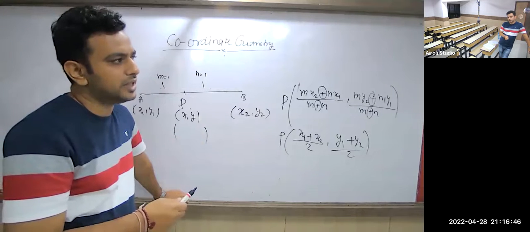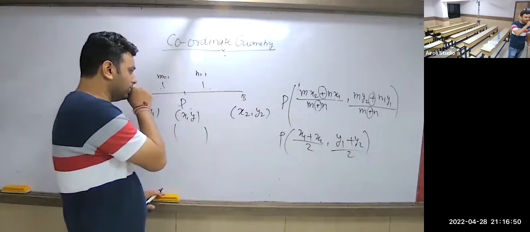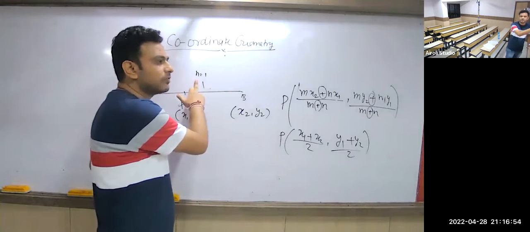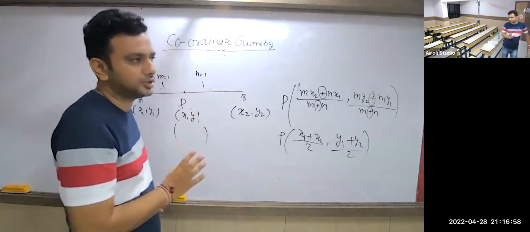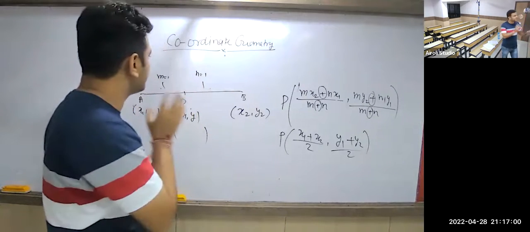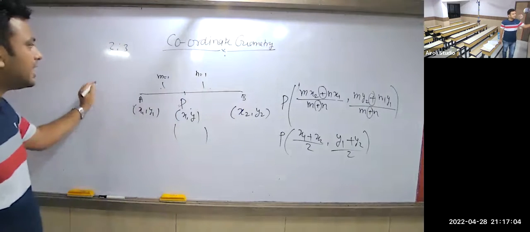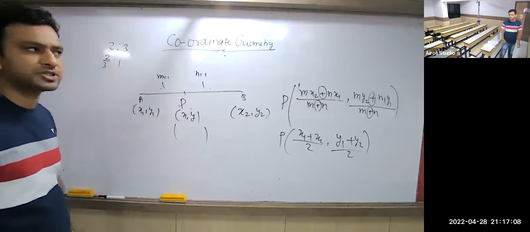So in that case, don't assume the ratio m is to n, otherwise your calculation will be lengthy. If I'm saying 2:3 ratio, can I write it in the form of 2/3:1 also? The ratio will be the same.